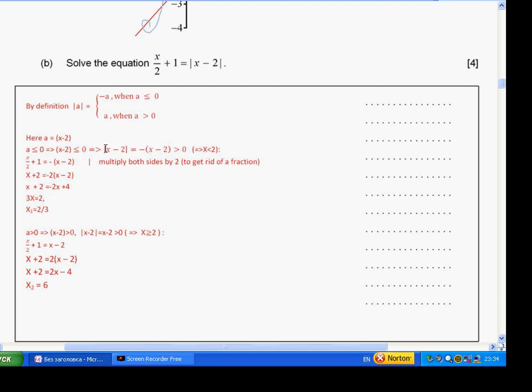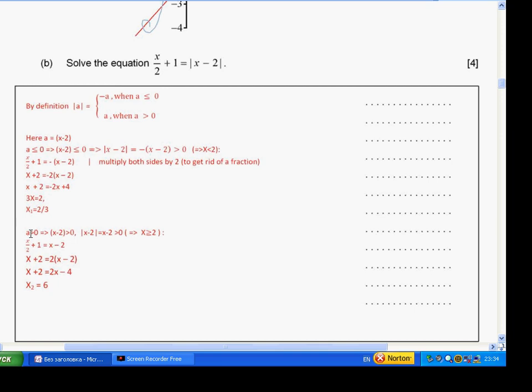So we should write the absolute value of x minus 2 as minus of x minus 2. We substitute this expression instead of the absolute value, multiply by 2 to get rid of the fraction, then we open brackets and rearrange x's on one side, numbers on another side, and the solution is 2/3.